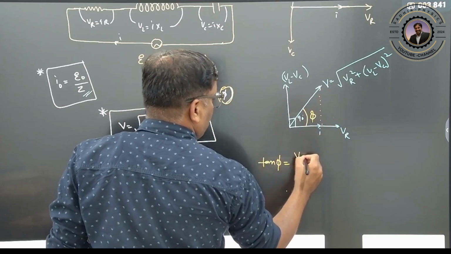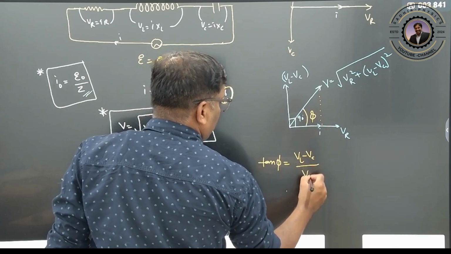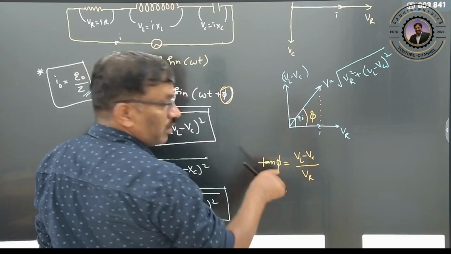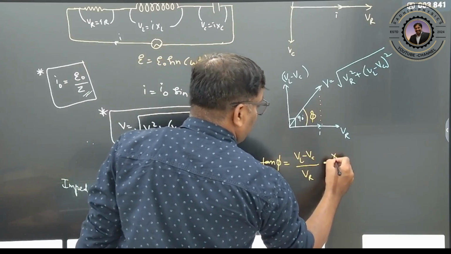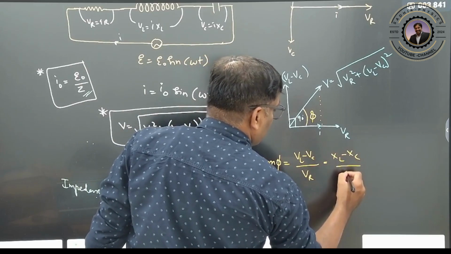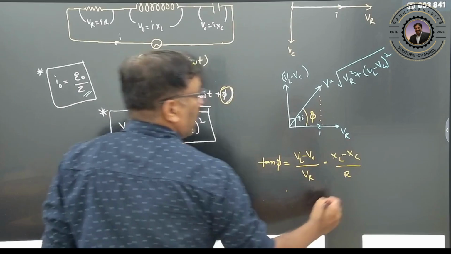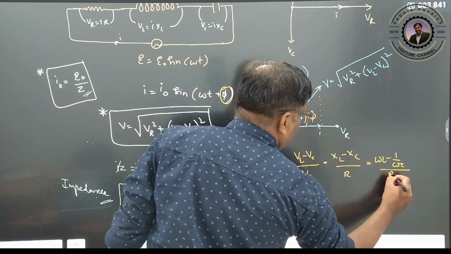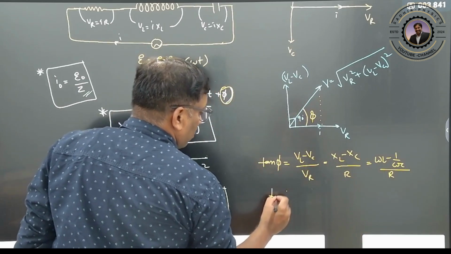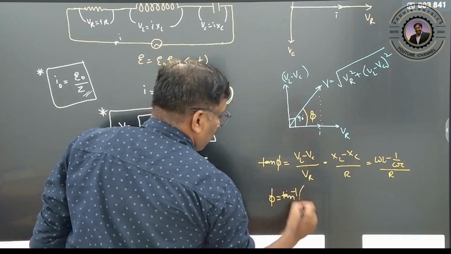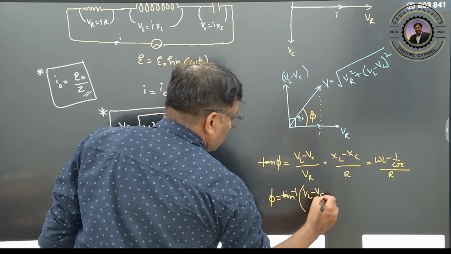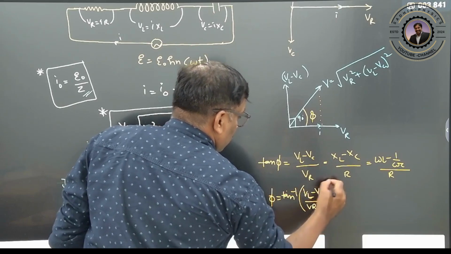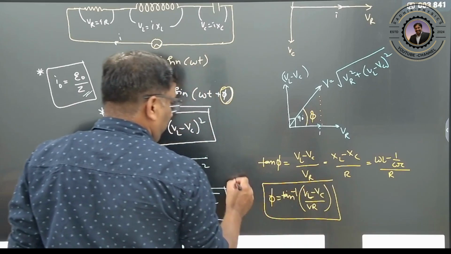Therefore tan phi equals (VL minus VC) by VR, which is I into XL minus I into XC by I into R. So it will be XL minus XC by R, which we can rewrite as omega L minus 1 by omega C, by R. Phi is equal to tan inverse of (VL minus VC) by VR. This is your phase difference.